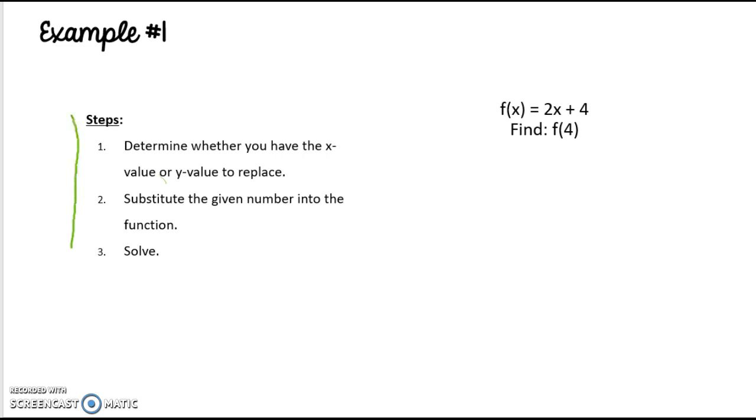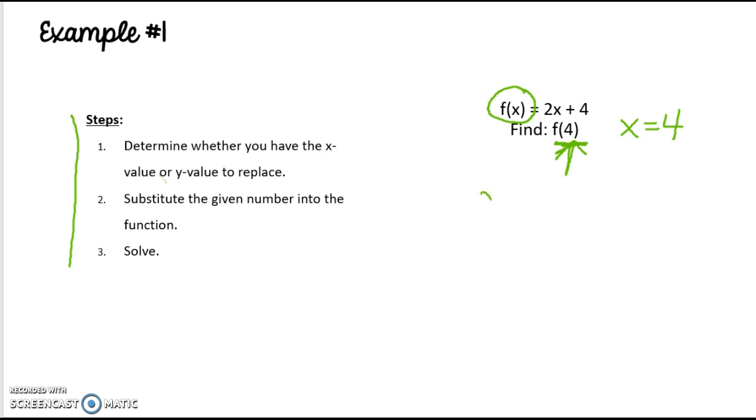We're going to follow these steps on the left-hand side. So step 1, determine whether you have the x value or the y value to replace. If you look, it says find f of 4. So I'm finding this side. But what I'm doing is I'm going to be using step 2, substitute the given number into the function. So it tells me that my x value is 4. So x equals 4. I get that 4 from right there inside those parentheses.